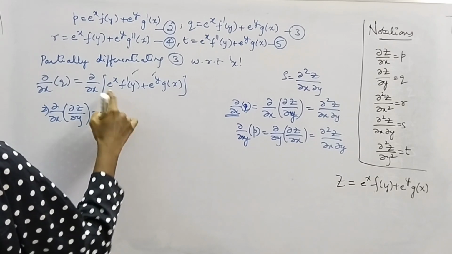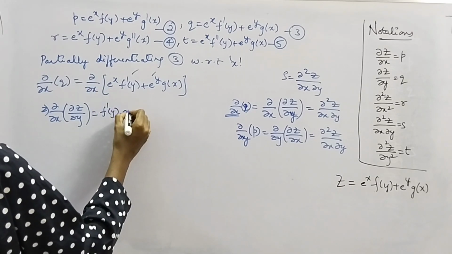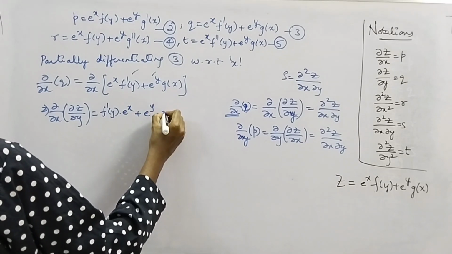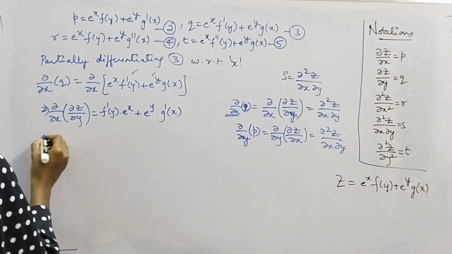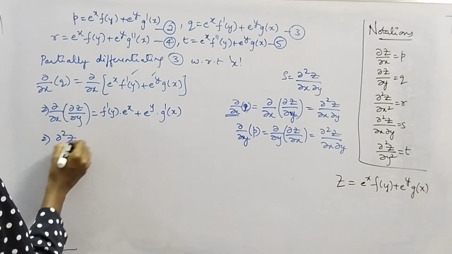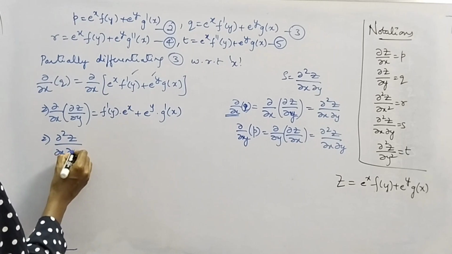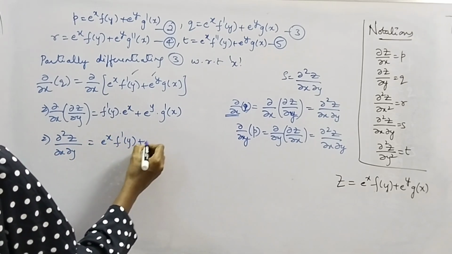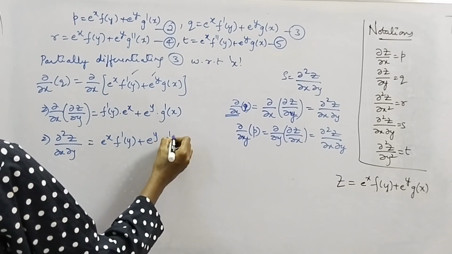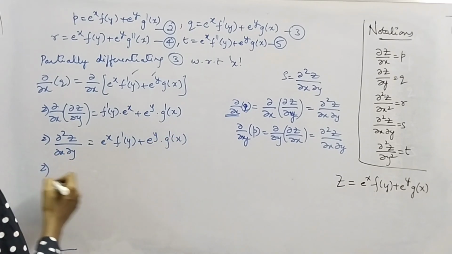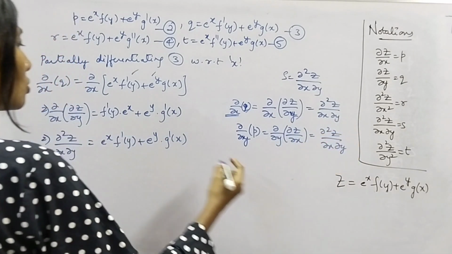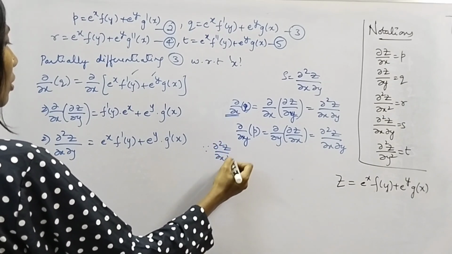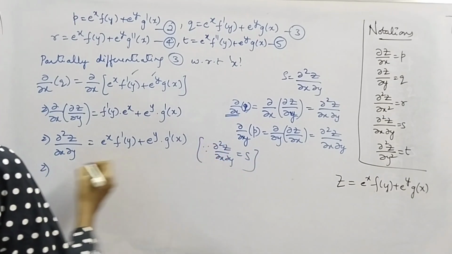Constant into the partial derivative of e^x with respect to x is e^x, plus constant into the partial derivative of g(x) with respect to x is g'(x). This gives us ∂²z/∂x∂y equal to e^x f'(y) plus e^y g'(x). Since we know that ∂²z/∂x∂y equals s, we'll replace the LHS part by s.